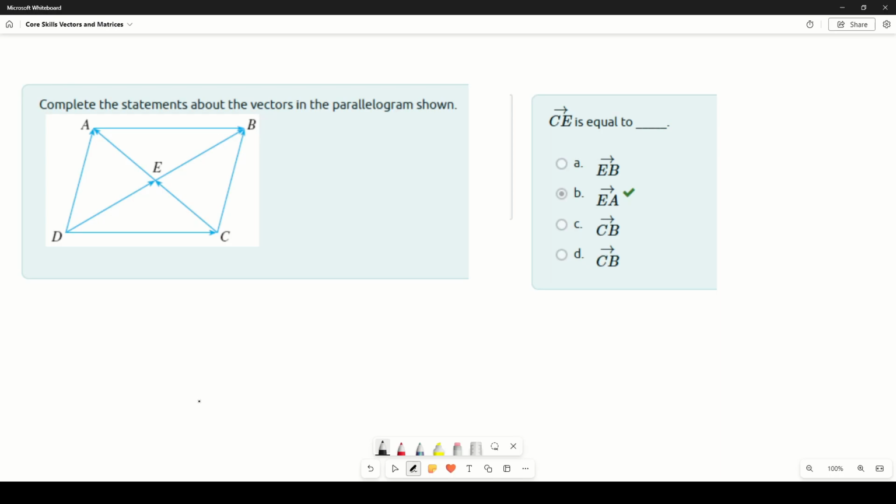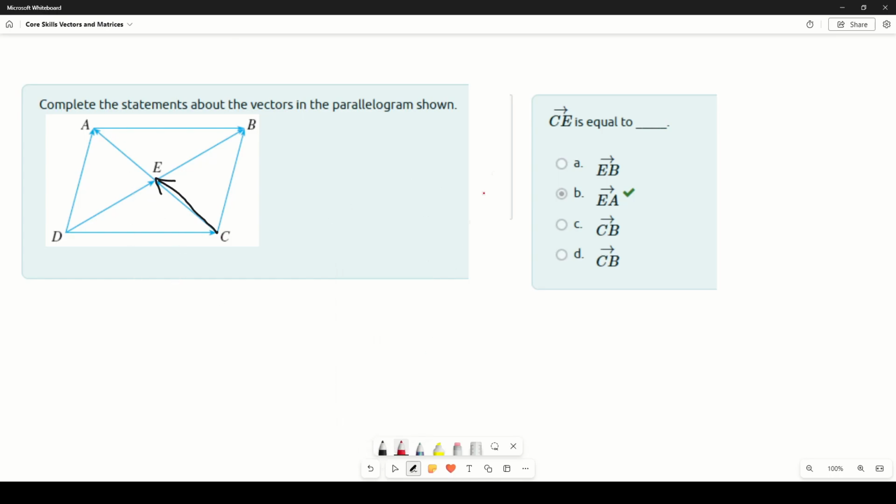They are direction and magnitude specific. So first of all, we're going to see what CE is. CE is a line that's going from the point C to the point E. Now this wording here itself is very important because vectors are, again, direction specific. This arrowed line gives us the direction of this vector.